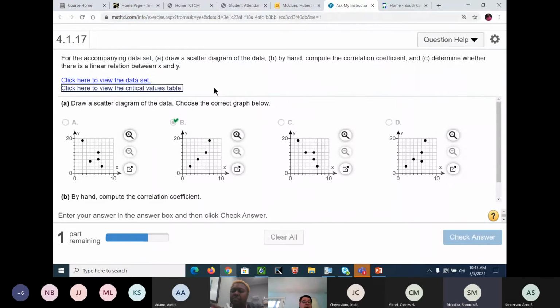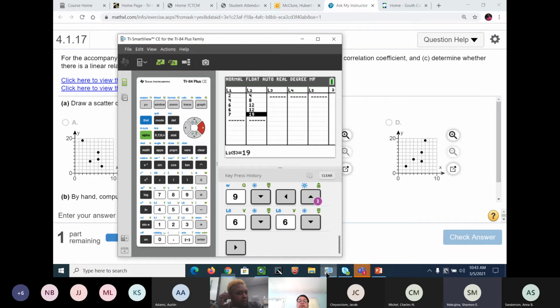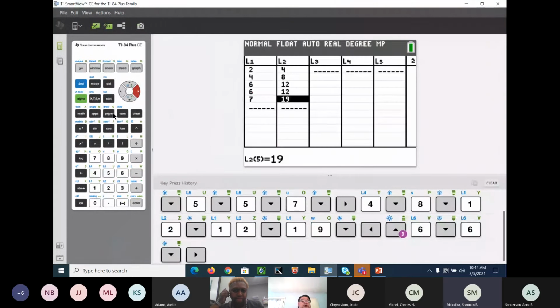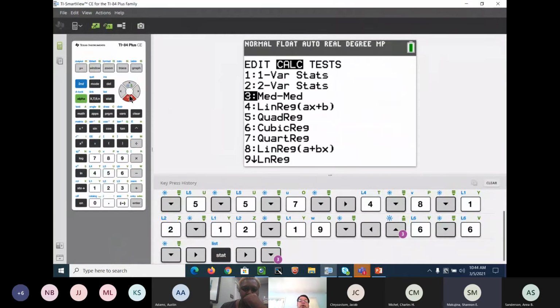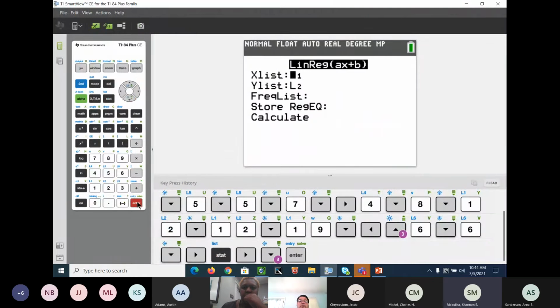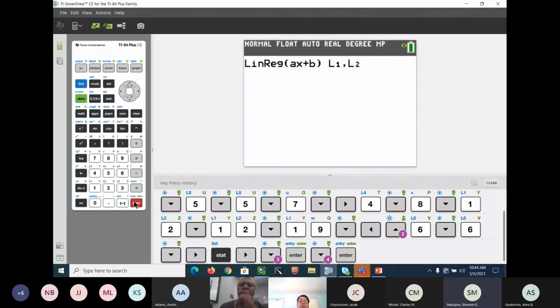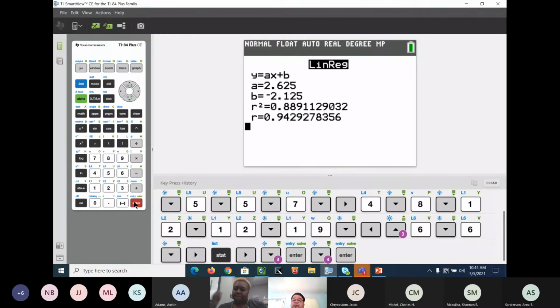All right. So, I also want to go ahead and do my equation. So I'm going to go stat, calculate, linear regression, and just hit calculate. And I'm going to write that down.